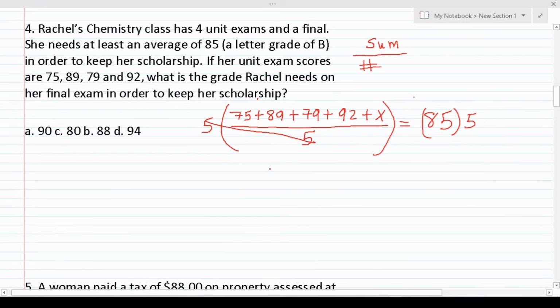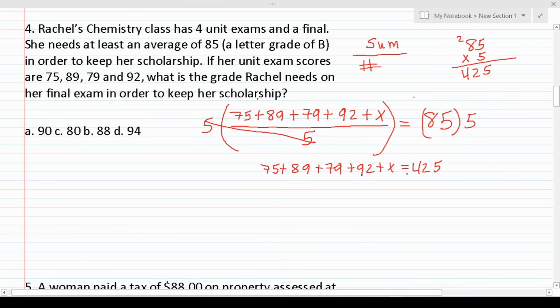So this is going to become 75 plus 89 plus 79 plus 92 plus X equals, and let's work this out, 85 times 5. 5 times 5 is 25, carry your 2. 8 times 5 is 40, so this is 425.